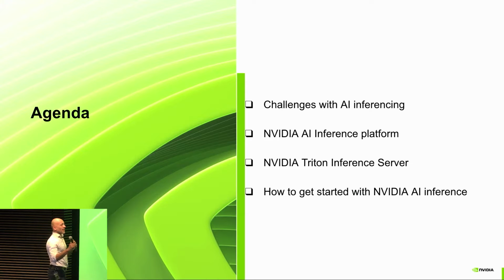And then we're going to zoom back into the NVIDIA Triton inference server so you can get a visual understanding of where it sits in that AI inferencing stack and talk about some of the capabilities there, and deep dive into the architecture. And then finally, we're going to wrap up with some hopefully helpful links of where you can get started and download the product and maybe even use it in a launchpad setting for experimentation purposes.